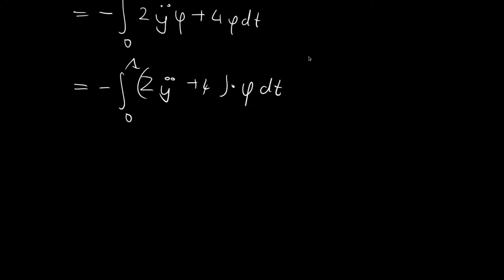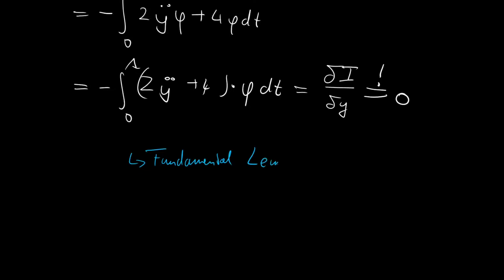And now we know that this was nothing else than the functional derivative of our functional with respect to y, and this has to be 0, right? I mean, we want to set the first derivative to 0. And then we can apply something that is called the fundamental lemma of calculus of variation.